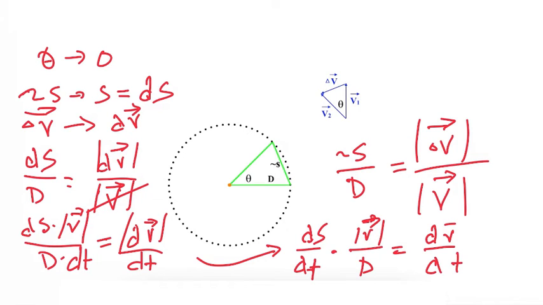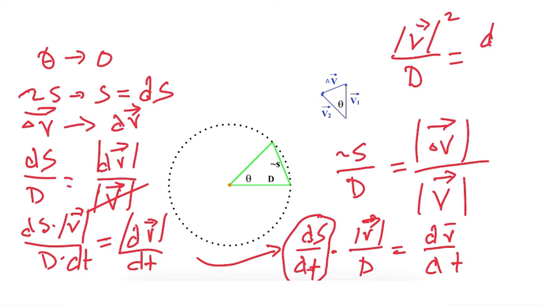But look, ds dt is equal to the absolute value of the velocity vector. So what we wind up with is absolute value of the velocity squared over d equals dv dt.